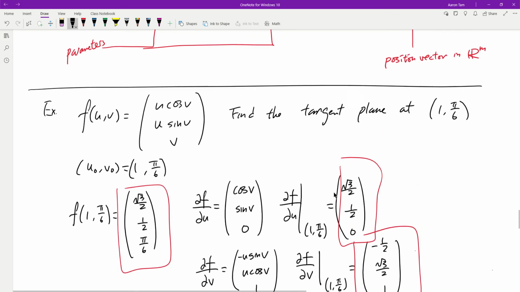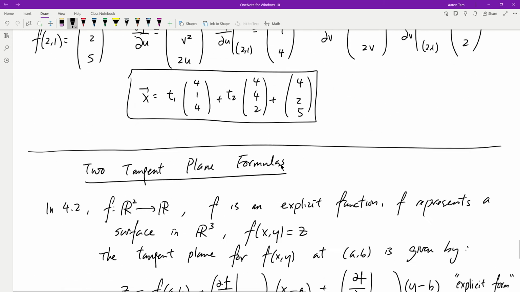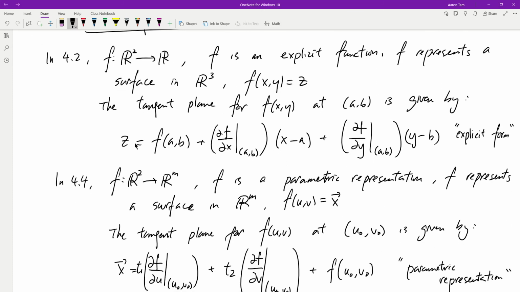So make sure that you remember the formula right here. Also make sure you understand the differences between this formula versus the one that you learned in 4.3. Actually, let me fix that right here. Yep, you learned partial derivatives in 4.3 and then 4.4.